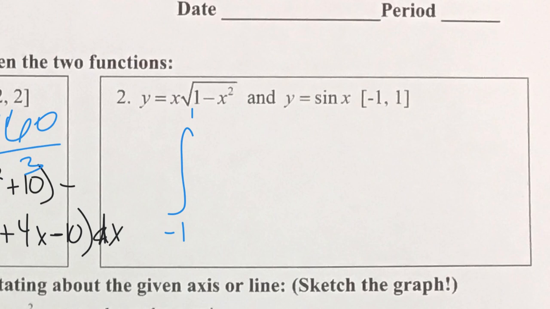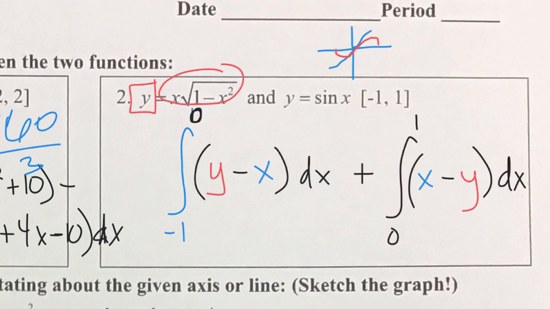Okay, so we're going to do the same thing with this one. After some close examination, we find that the red function looks really funky. That's the graph. It's only available from -1 to +1. So on the interval from -1 to 0, the y graph is above the x graph.